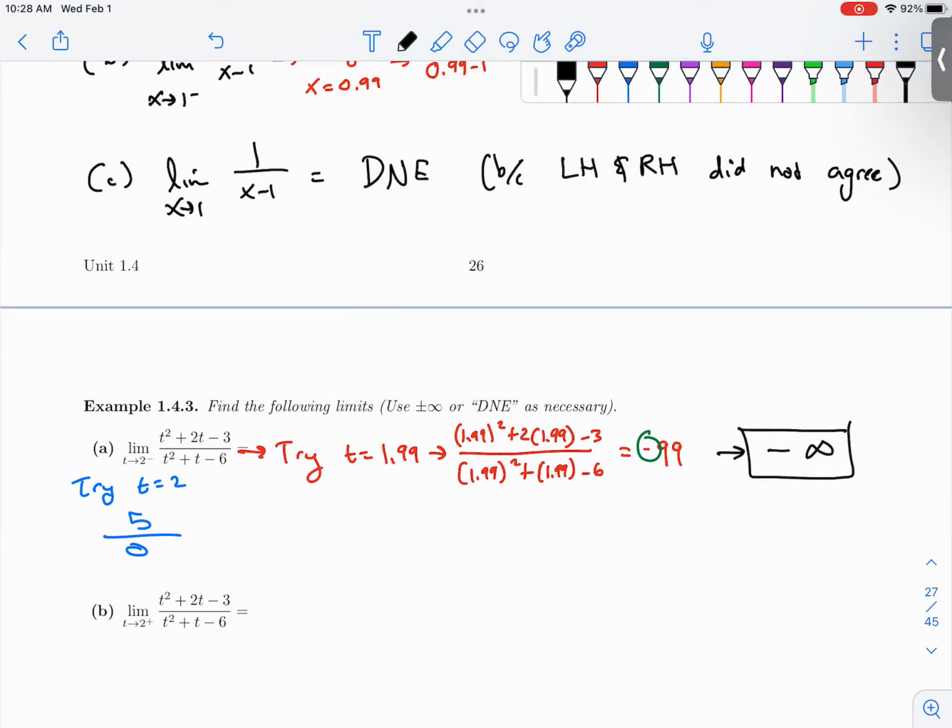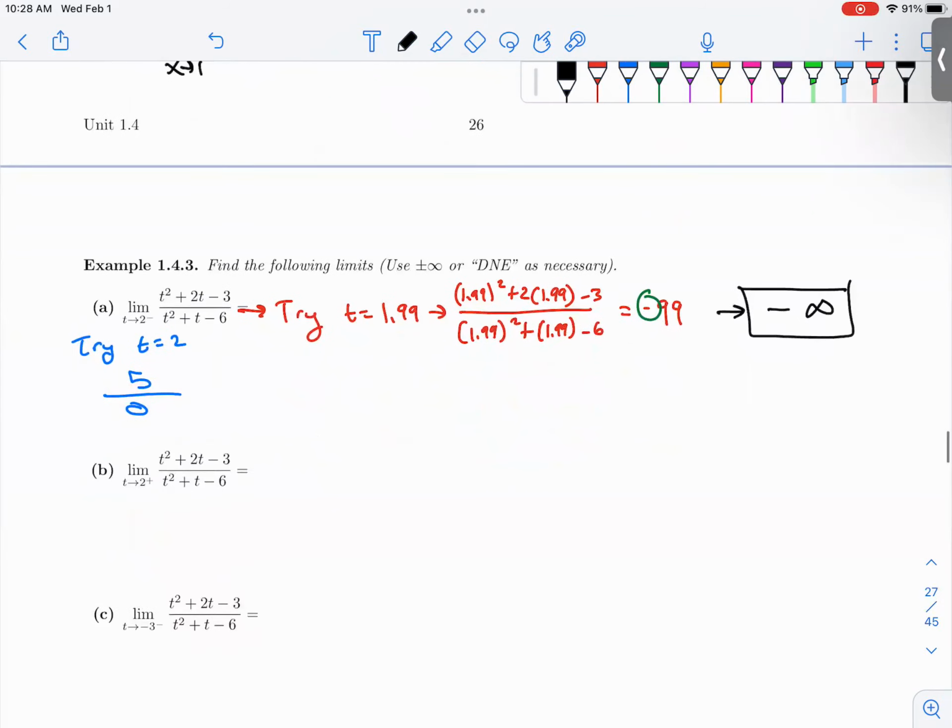I guarantee you, if you add an extra 9 on the end of those, it'll go to negative 999, then negative 9,999, and so on and so forth. So we already know that it's going to be 5 over 0 if we plug in 2.